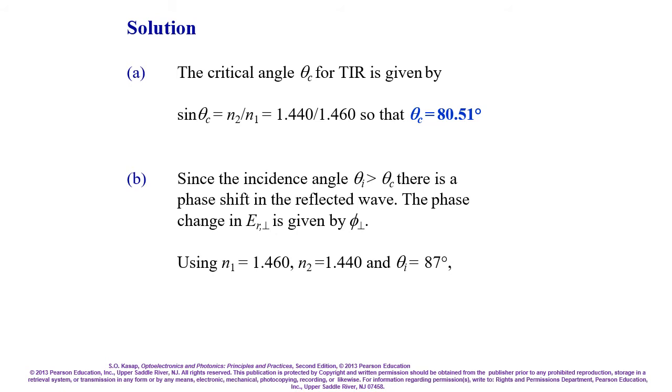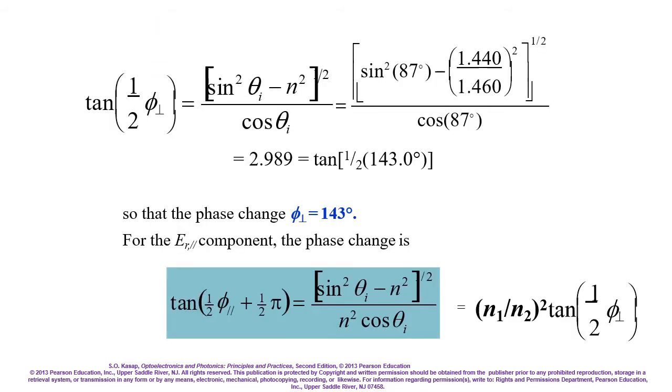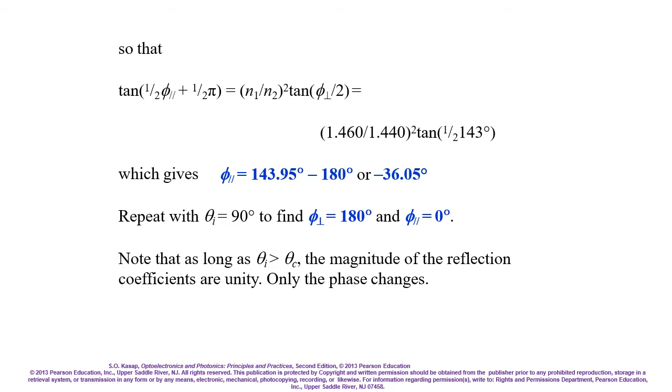So here comes the solution. The critical angle theta c is 80.6 degrees, which we get from the TIR equation. Since theta I is greater than theta c, there is a phase shift in the reflected wave. For theta I equals 87 degrees, there is a phase shift of 143 degrees for the E perpendicular component, and for the E parallel component, the phase shift changes to minus 36.05 degrees.